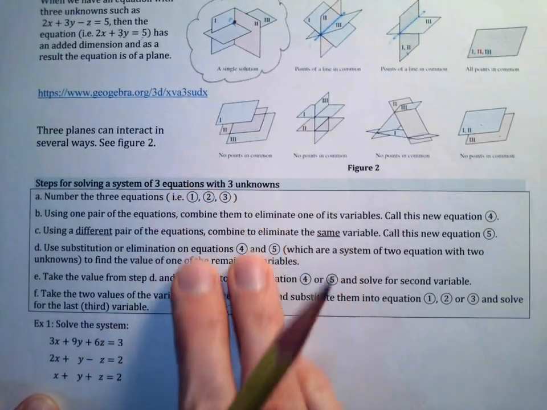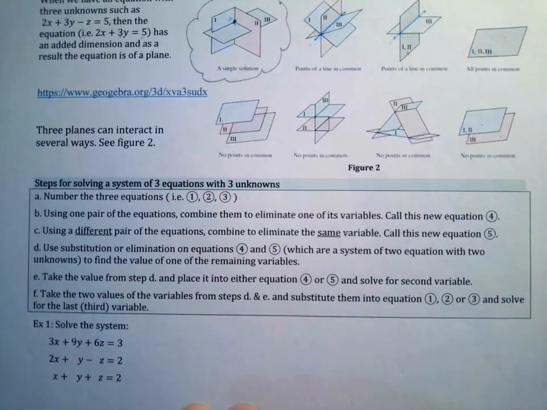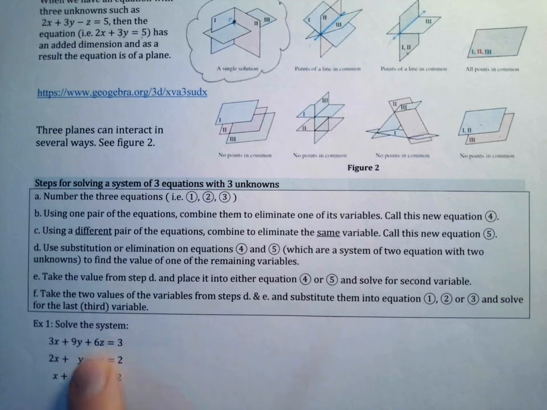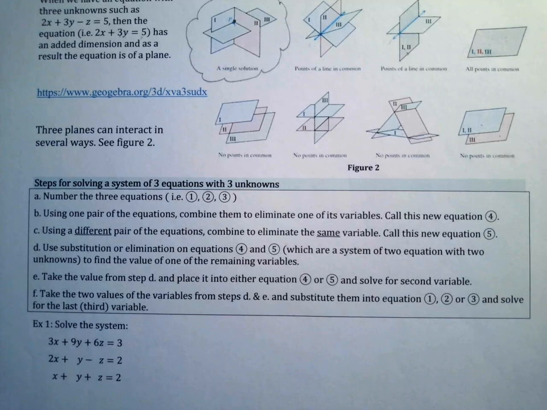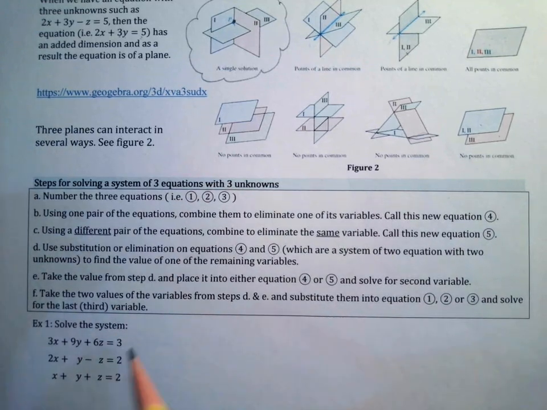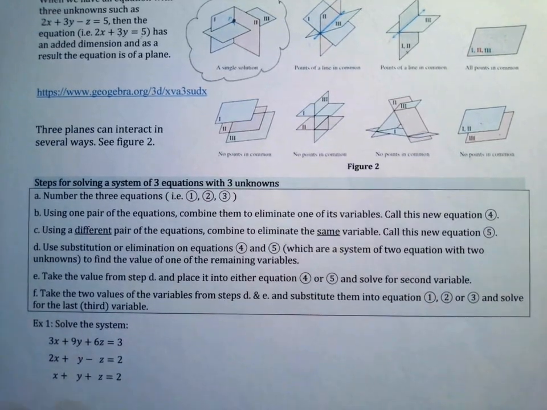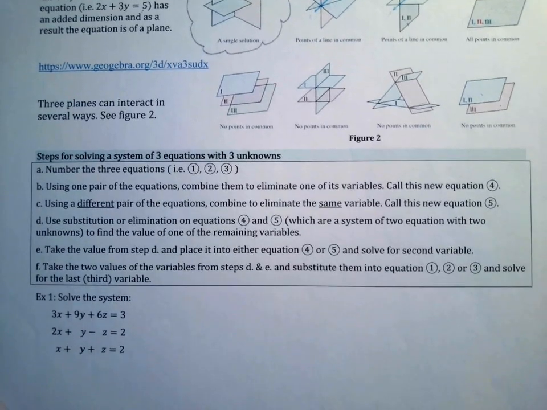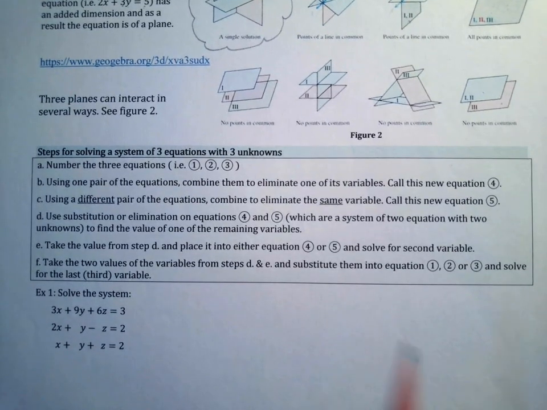So I have developed some rules for what you should do. These systems, example 1, can be pretty complicated sometimes, and everybody is going to solve them in a slightly different way. When I'm grading your paper, it's going to be beneficial if you follow some general rules that I'm giving you.